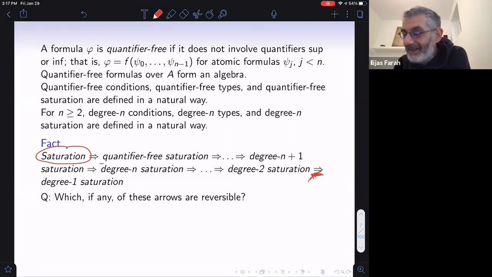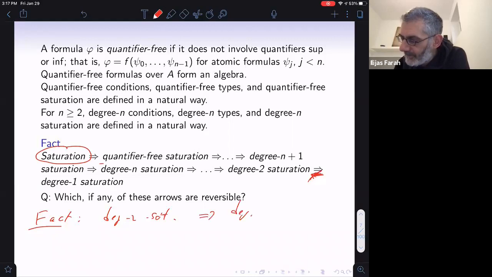Here is a cute little fact: degree 2 saturation implies degree 3 saturation. So what is the trick?